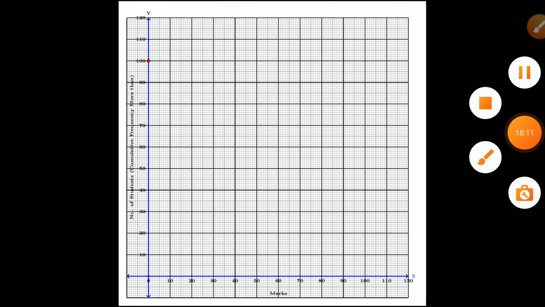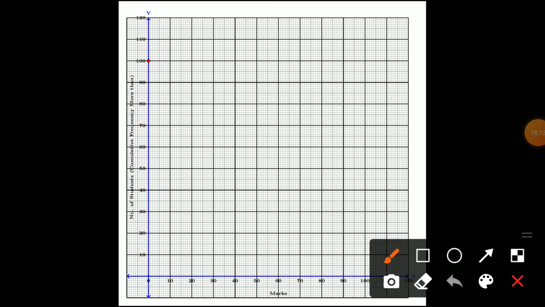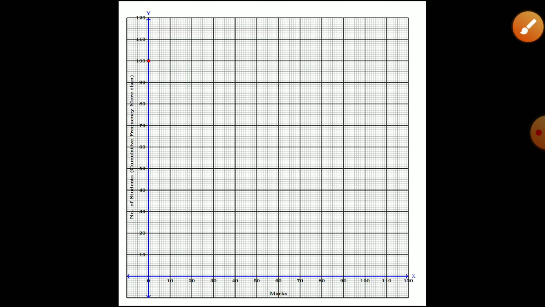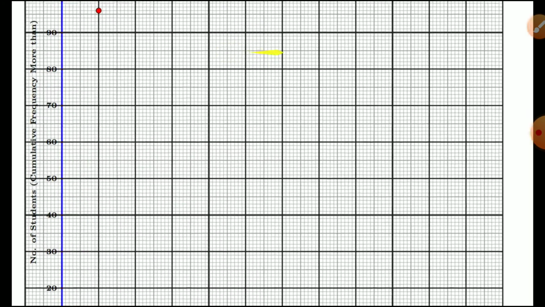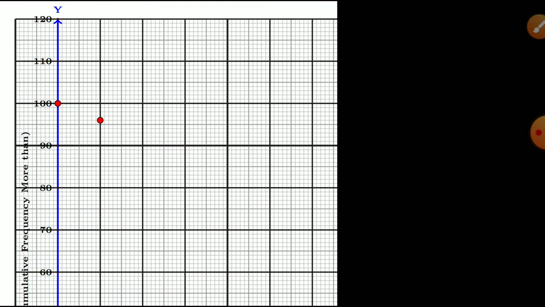It will be somewhere here. See here, yes, right there. So 10, 96 is the point at that position.